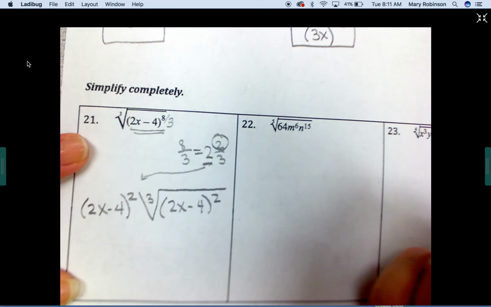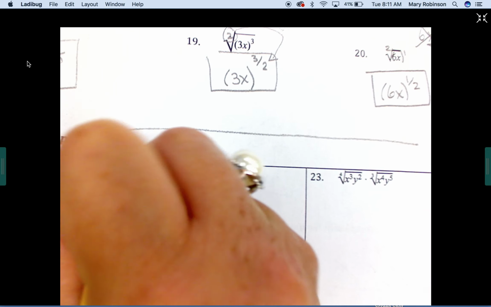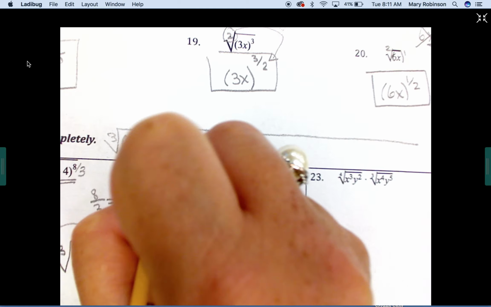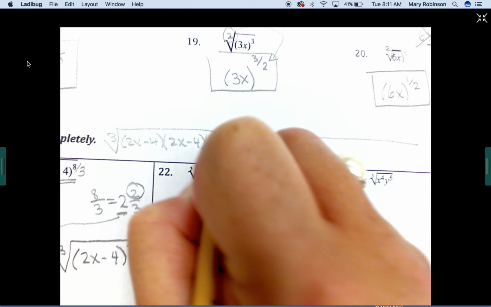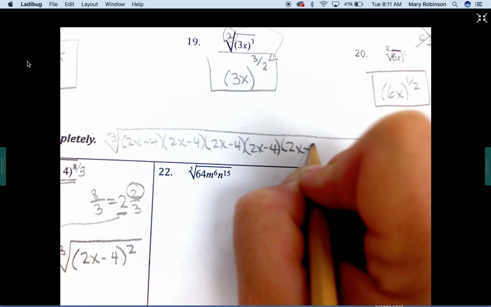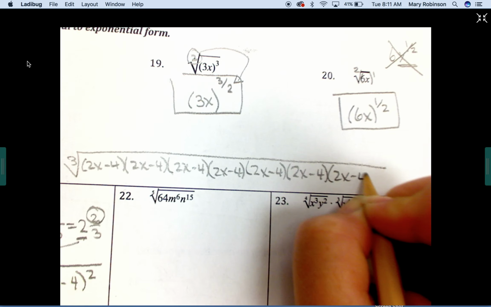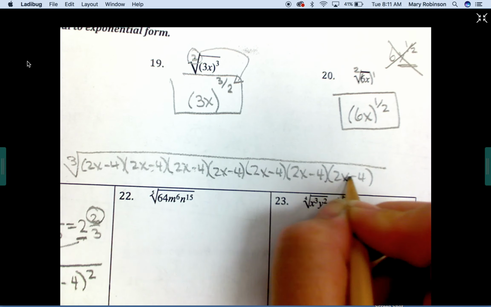If you have trouble seeing that, I'll do this up here. And this is going to be long, but I have 2x minus 4 8 times. That's 1, 2, 3, 4, 5, 6, 7, 8.